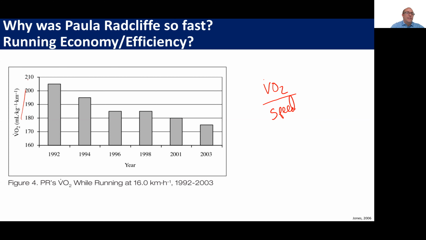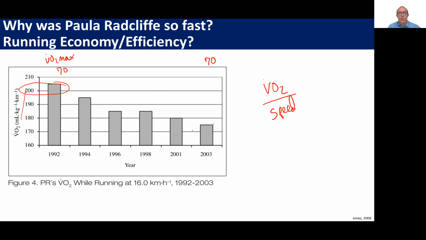Now, look, this is when she had a VO2 max of 70. Here she has a VO2 max of 70. But in 1992, it required her roughly 200 milliliters of oxygen per kilogram to go a kilometer.